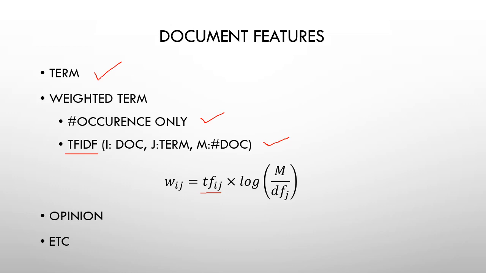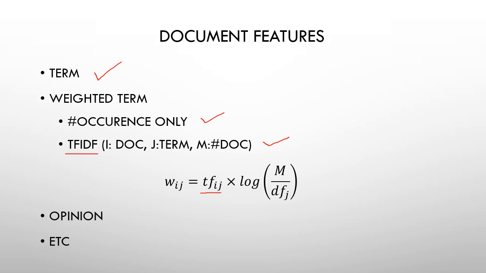M is the number of documents in our collection, in our corpus, and DF_J is the number of documents where a particular term appears.